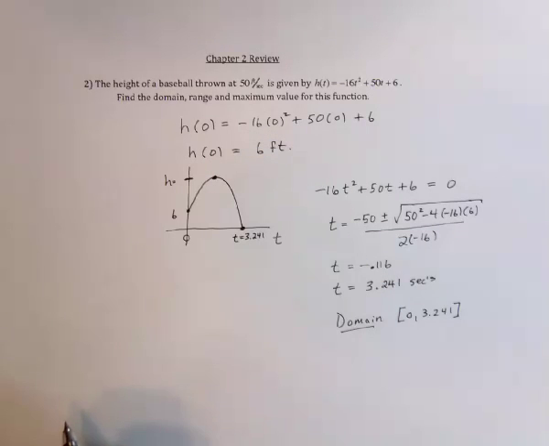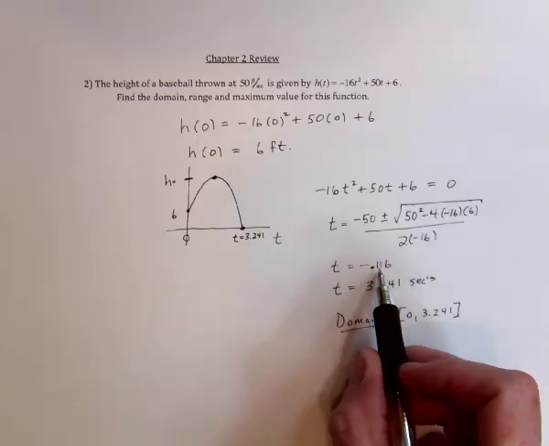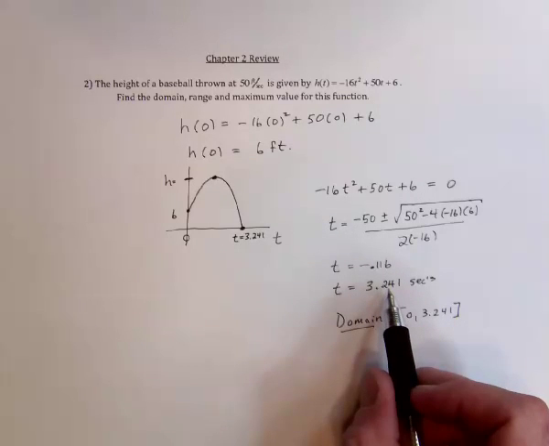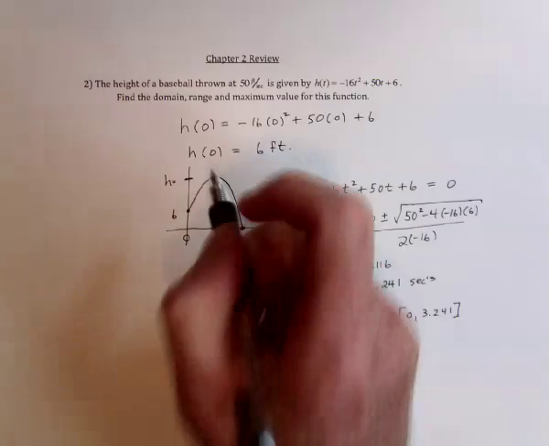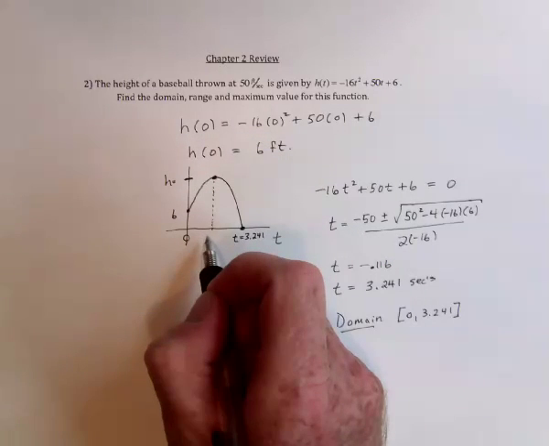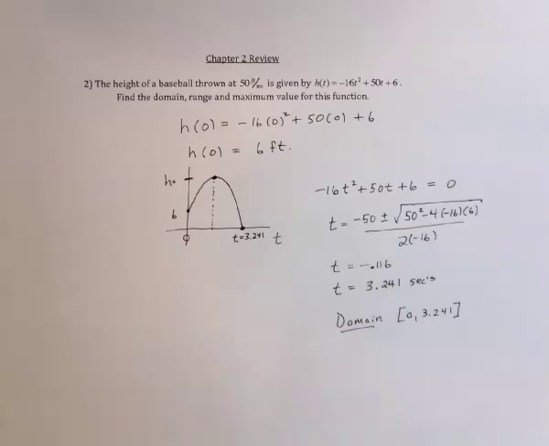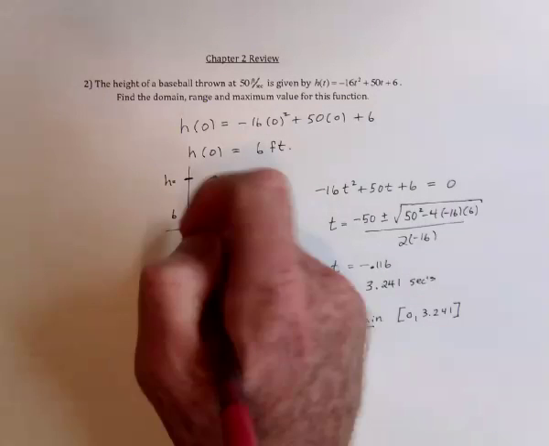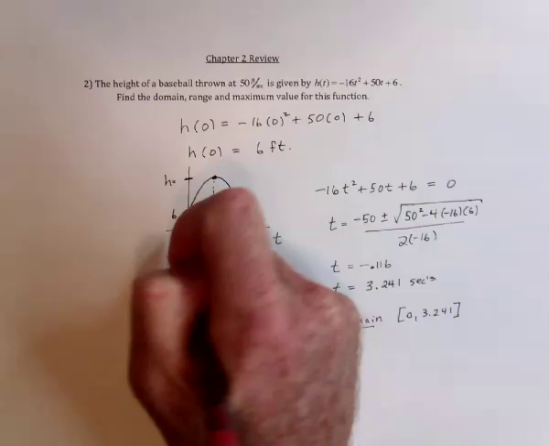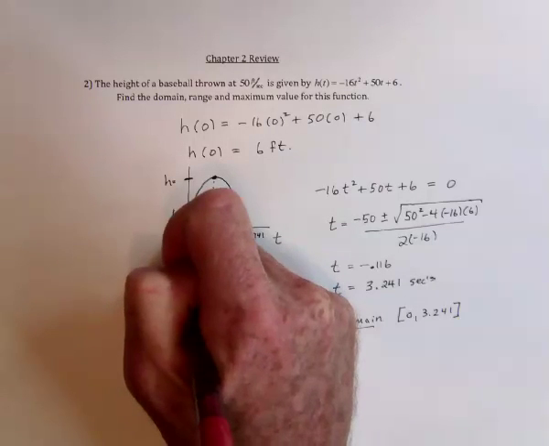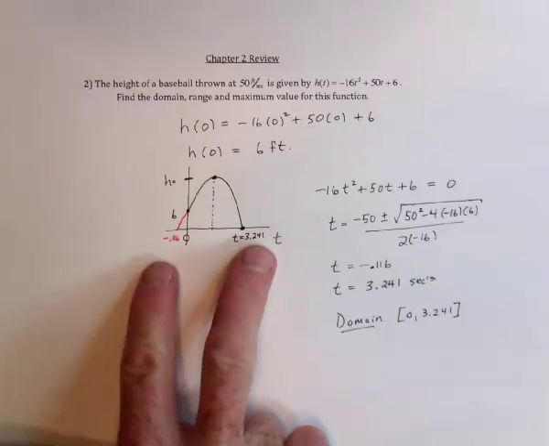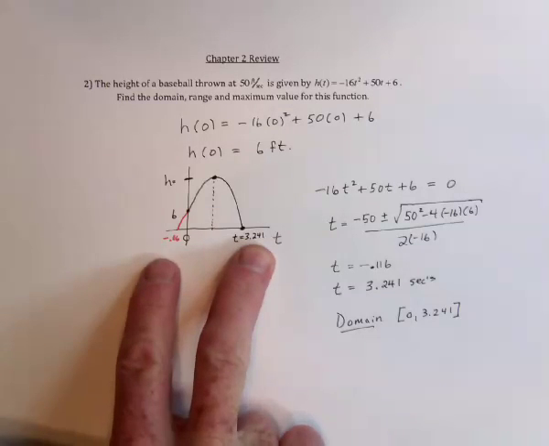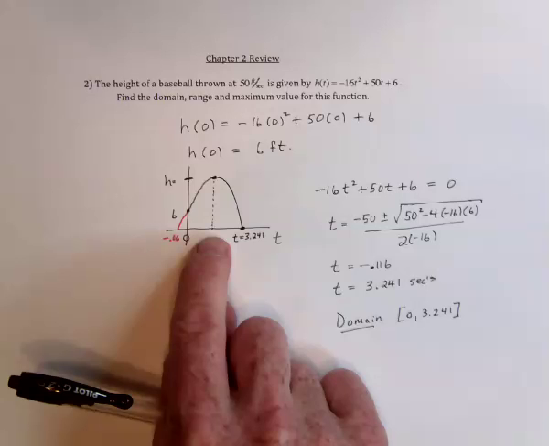There's a couple of ways to do this. One is you can take these two t values and find the average, and that will be this t value that's right in the middle. So essentially this one says if you were to go backwards in time, this is at negative 0.116, and if you find the average of these two, since the graph is symmetric, that'll tell you what's in the middle.